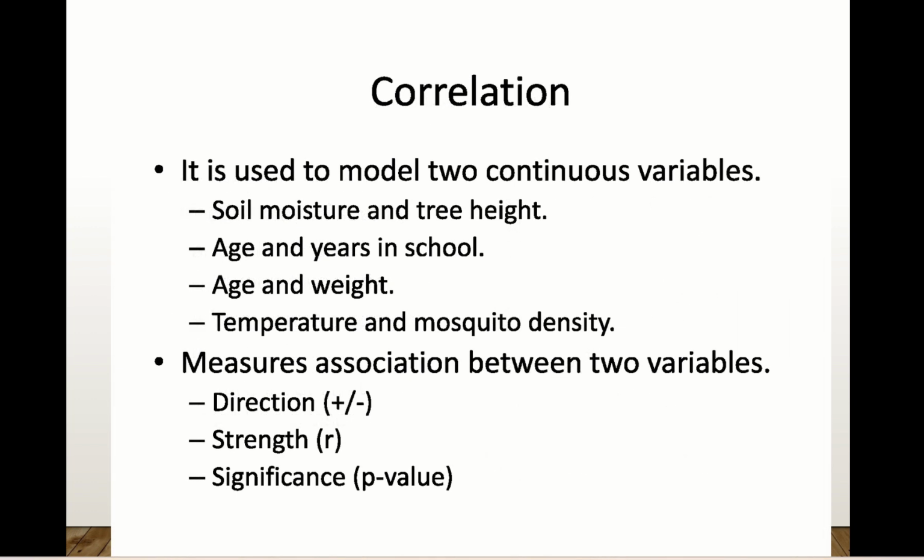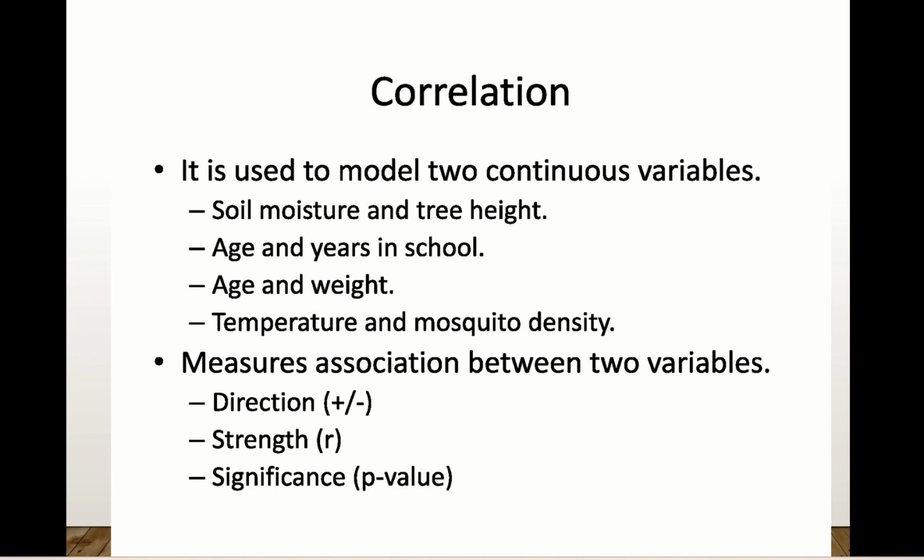So, right, we use correlation to basically look at the association between two continuous variables, whether that be looking at whether tree height is related to soil moisture, the age and how many years you've been in school, a person's age versus their weight, temperature, mosquito density, right? We can plot all these up against each other.